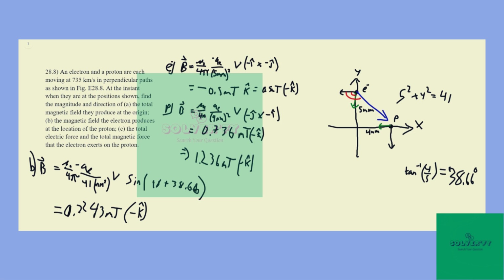Okay, so now we can find the total electric force and the total magnetic force that the electron exerts on the proton. And let's do this on the second page. So the electric force of the electron acting on the proton, we can write as 1 over 4 pi epsilon naught. And then we have the charge of the electron is negative QE.